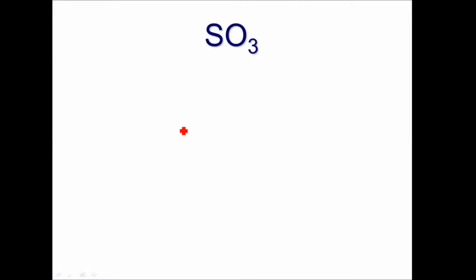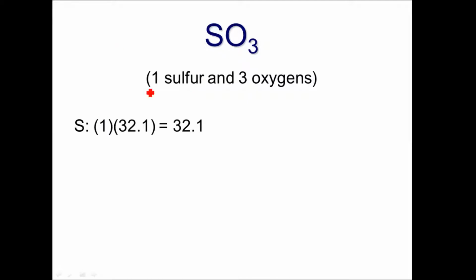Alright, let's take a look at this example, SO3. This formula tells me that there are 1 sulfur and 3 oxygens present. Alright, the first thing you're going to do is just take a look at sulfur and say there is 1 sulfur, and you're going to multiply it by its atomic mass. And I found this on the periodic table of 32.1. You're going to multiply the 1 times 32.1 together to get 32.1. The next thing you do is you take a look at the next element, oxygen.